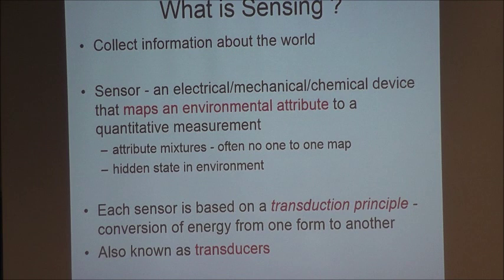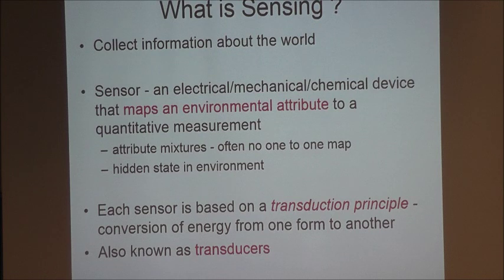So what is sensing? Sensing is collecting information about the world. It is an electrical, mechanical, or chemical device that maps an environment attribute to a quantitative measurement. So you may have a distance in meters or feet.